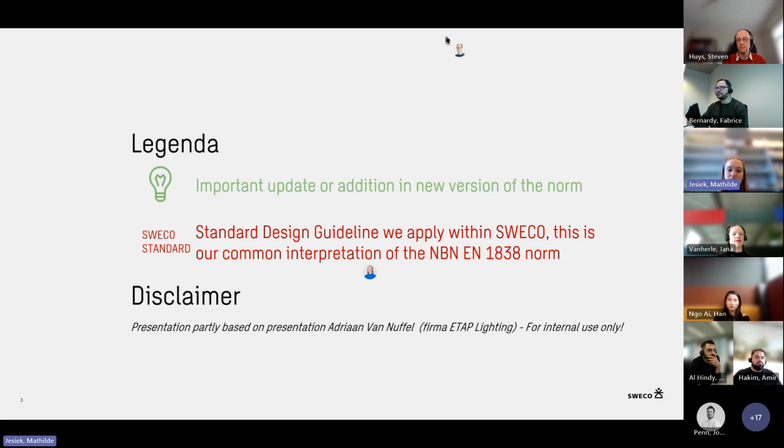This we call the Sweco design guidelines, the Sweco standards, and you will see it in the red text throughout the presentation. So if you ever have a problem with it, this is our interpretation of the norm. It's not set in stone or anything. It's so we all design in the same way within Sweco.